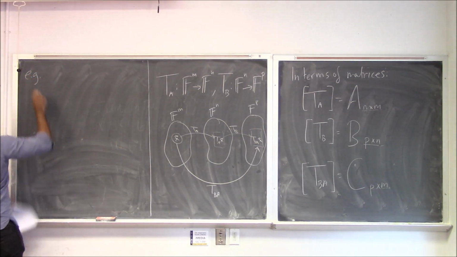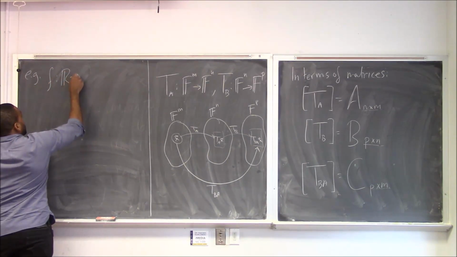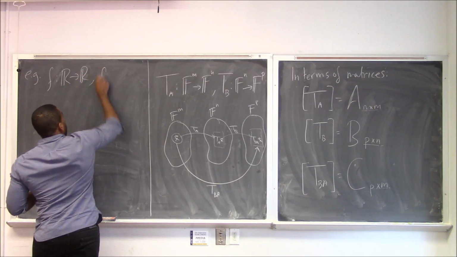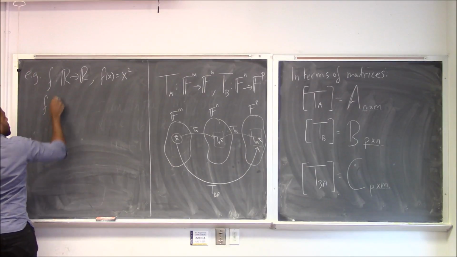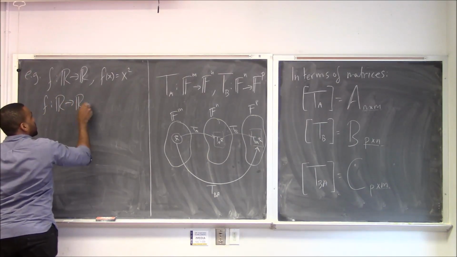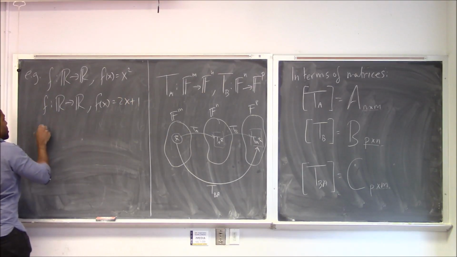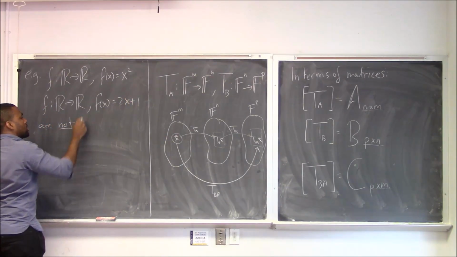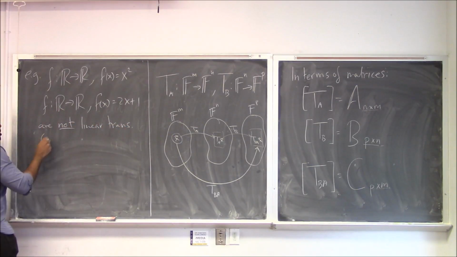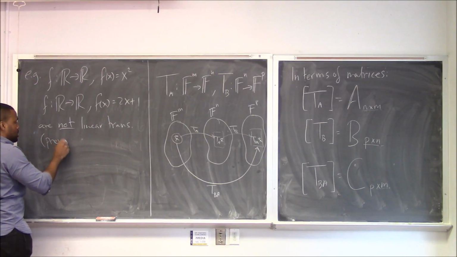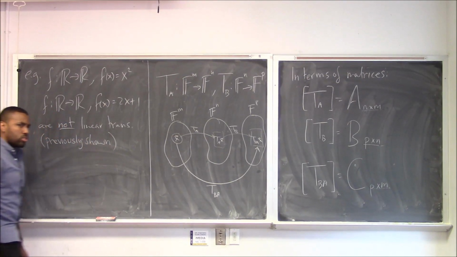Examples. If I look at f from R to R, f of x is x squared, and f from R to R, f of x equals 2x plus 1, these are not linear transformations. Previously shown, this is way back, like lecture 2 or 3.